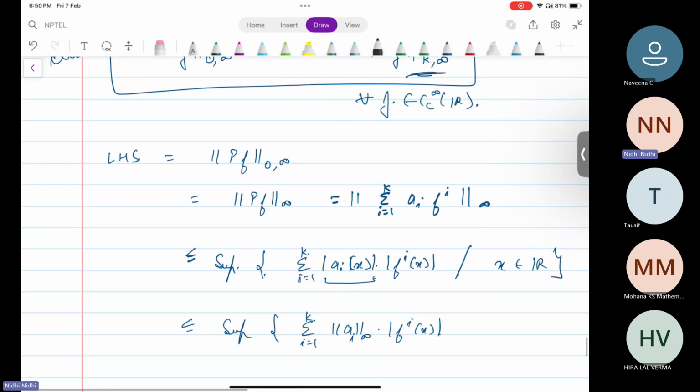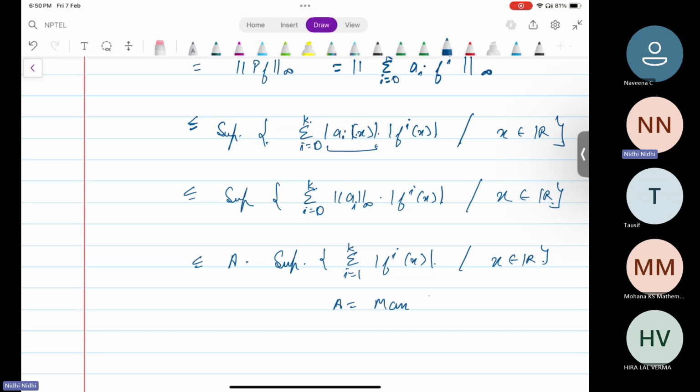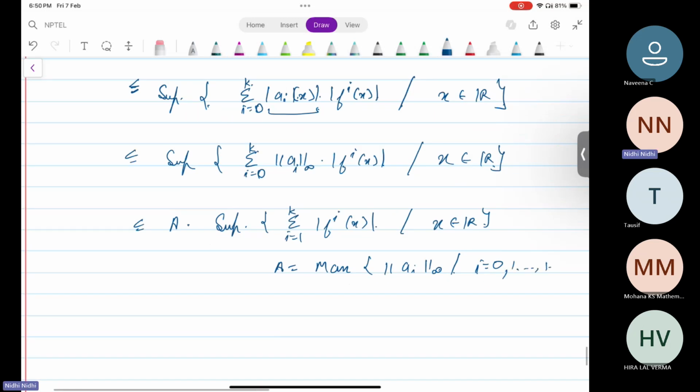So here we will get summation from 0 to k, x in R. This is less than or equal to A times the supremum over x in R of summation i from 1 to k of the ith derivative of f at x, where A is the maximum of the supremum norm of ai, where i is varying from 0 to k.